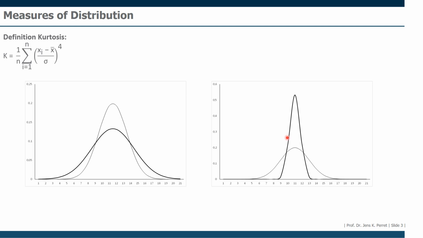This means that our values are pretty close to the mean. So we have very few outliers, especially when compared to the normal distribution. So all the values are very close to the mean. This also means that we have a relatively homogeneous data set.